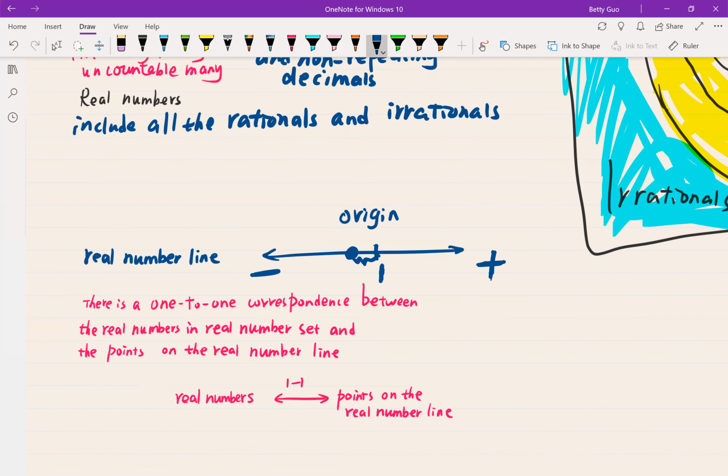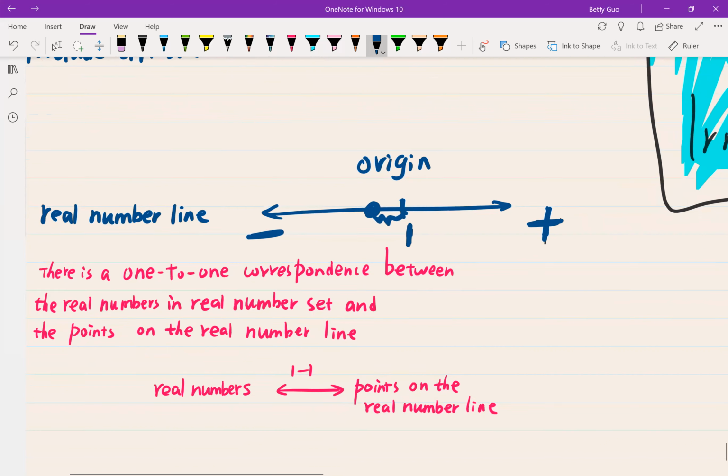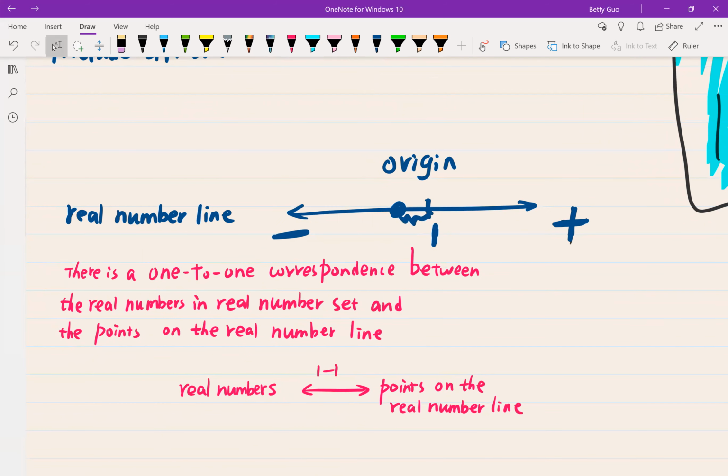In other words, if we determine 3 things for a straight line, then the straight line can be a real number line. Number 1, direction. Number 2, origin. Number 3, how much is unit 1? You let this much as unit 1 or this much as unit 1.